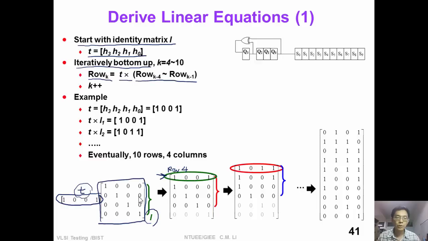And then we multiply T by this row 4, we get row 5, which is equal to 1, 0, 1, 1. We can continue to work this way. Eventually, we will get a system of linear equations that has 10 rows and 4 columns.